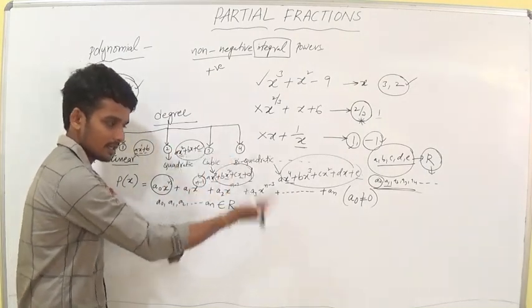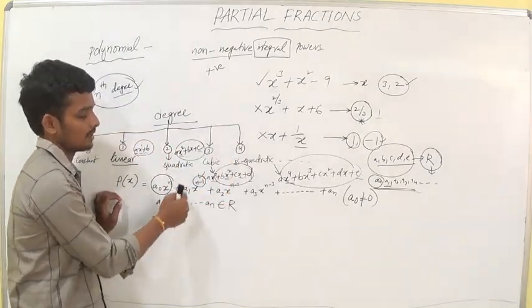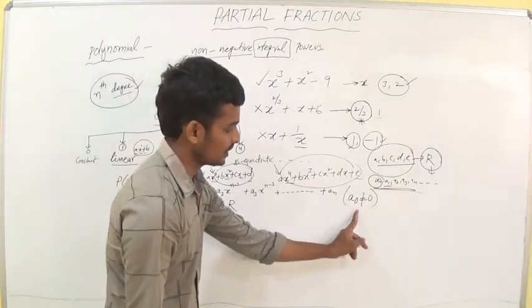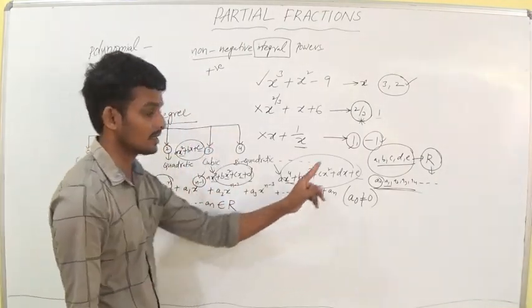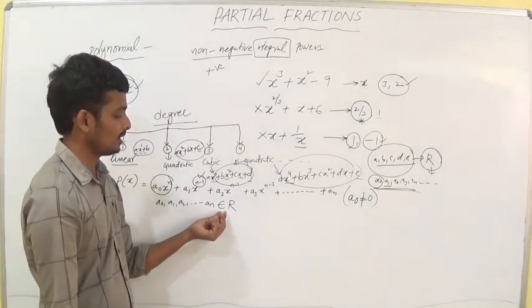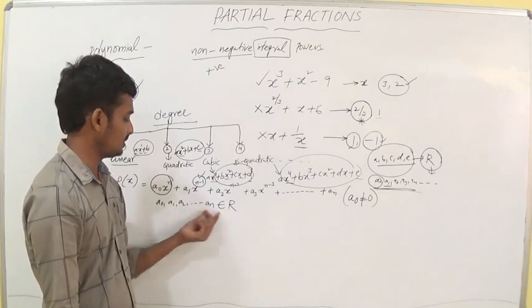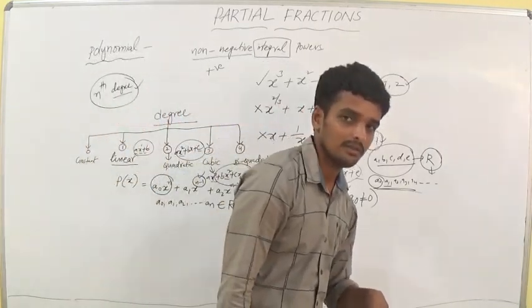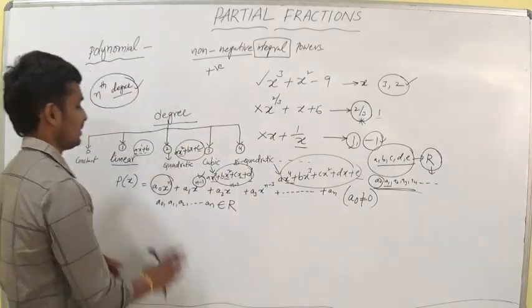The powers are decreasing and the coefficients are increasing: a0, a1, a2, a3. The most important steps are the coefficients of x to the power of n: a0 is not equal to 0, and a0, a1, a2, a3 and so on, an belong to R. These are real numbers. Do you understand? So we have to memorize all these things.